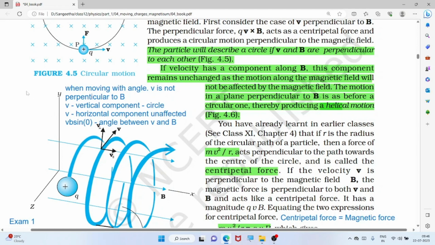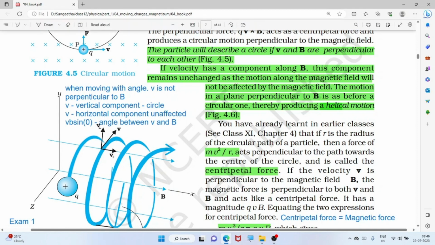The force is VB sin theta. Sin theta equal to 0 means there is no force acting on the horizontal component. So it will move unaffected horizontally, but vertically we have already seen that it will move in a circle. Here, V is perpendicular to the vertical component, so that will move in a circle.